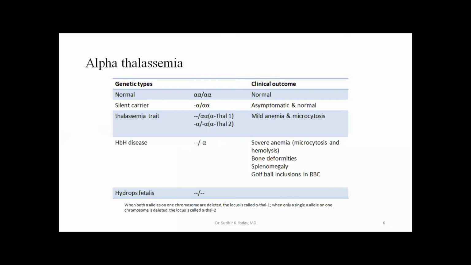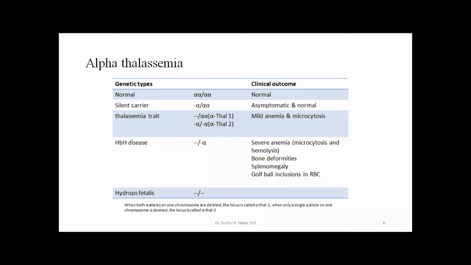If one of the genes is deleted, merely 25% of the total alpha globin production is decreased. So usually these people are silent carriers, and they do not manifest any clinical features. They are asymptomatic, but still they are carriers. It is important when we discuss the progeny of these people.